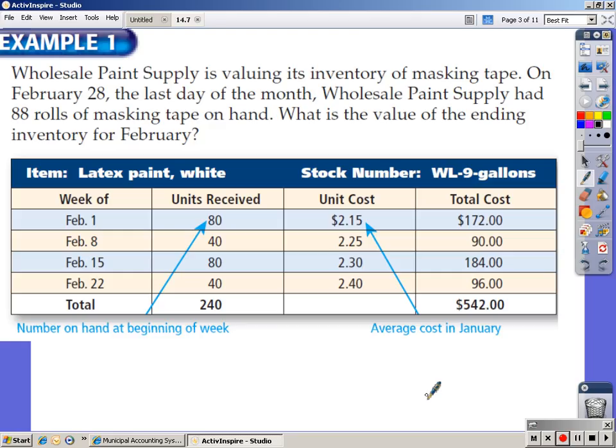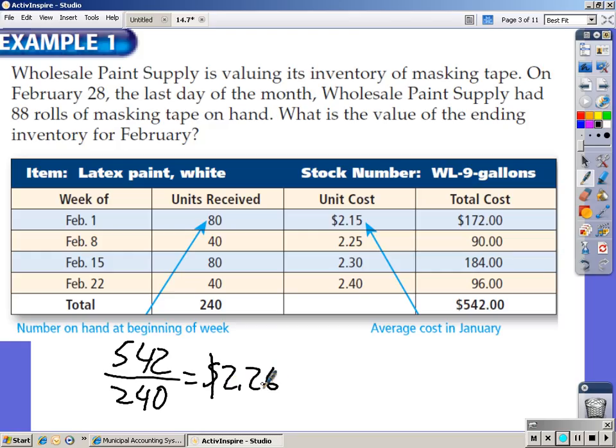It's real easy. All you do is take the total cost of the goods, 542, divided by the number of units received. Work that out. 542 divided by 240 units gives you an average cost of $2.26 a unit.